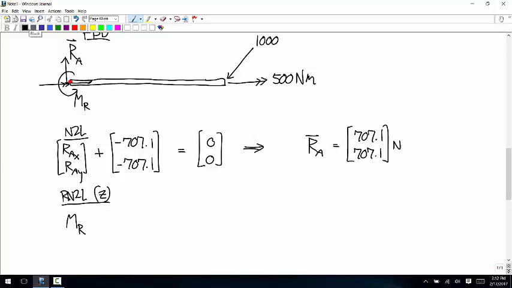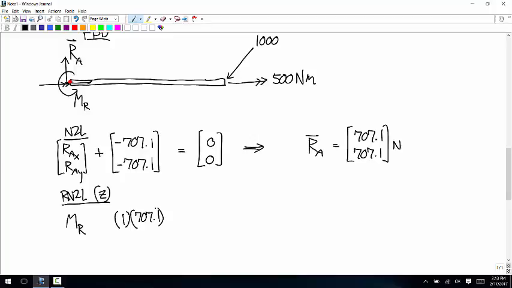Okay, so this is a downward force of 707.1 with a moment arm of 1 meter. The length of the beam is 1 meter. So we have a moment arm of 1 times a magnitude of vertical force of 707.1.